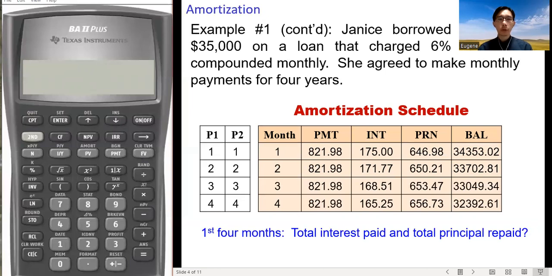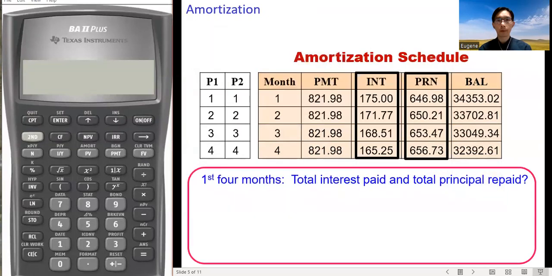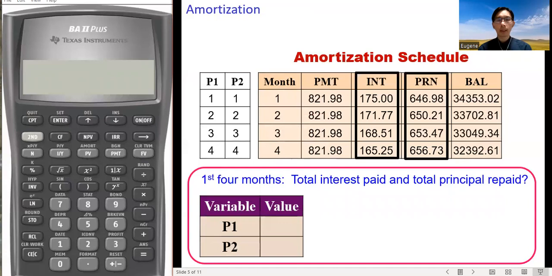What if we want to know the total interest paid and total principal repaid of these first 4 payments? We need to sum up the interest column as well as the principal column. The amortization worksheet can do this for us. Key in P1 and P2.